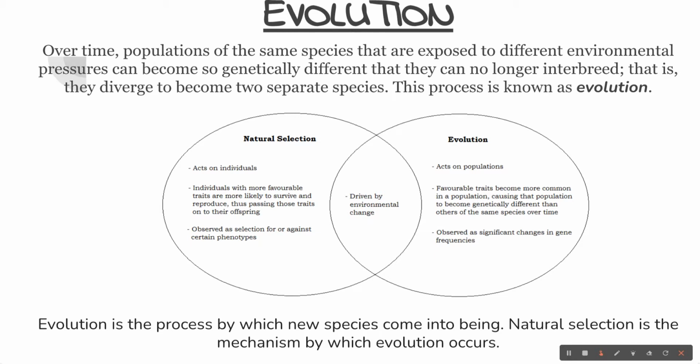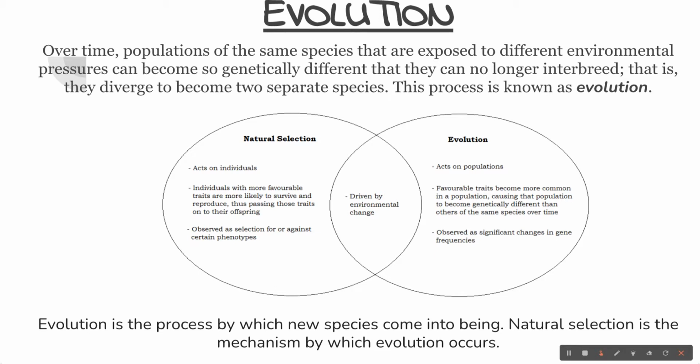And then natural selection is the mechanism by which evolution occurs, by which the new species comes about. Okay, which is VISTA: variation, inheritance, selection, time, and adaptation, which is how evolution comes about, how that change happens. So you will have to fill in this little chart.